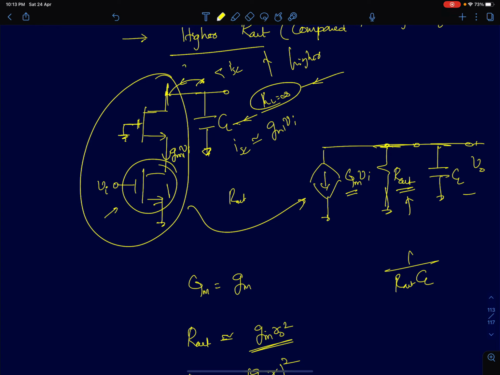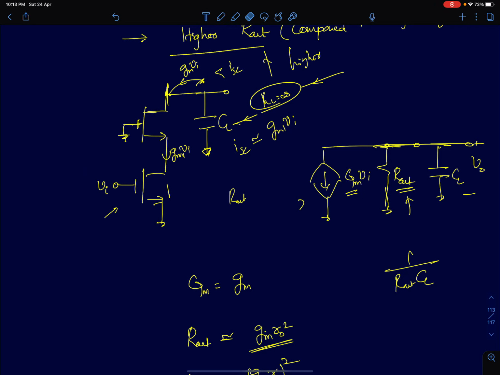The same current will flow through the output terminal as well. Since I'm assuming both these devices are identical, you get the short circuit transconductance as Gm. If these two devices were different, say this is 1, 2, this would have been Gm1. But let's assume they are both the same, so the short circuit transconductance is Gm.